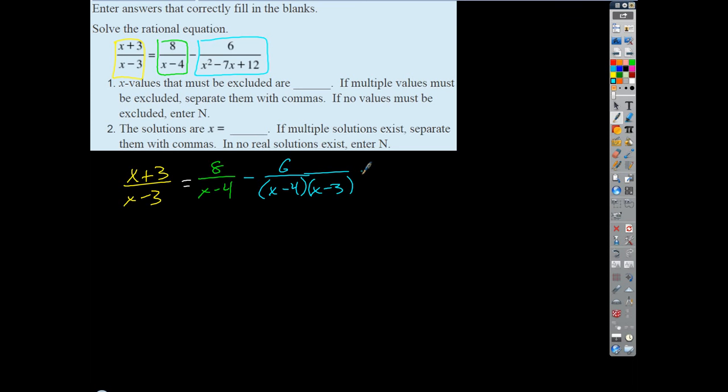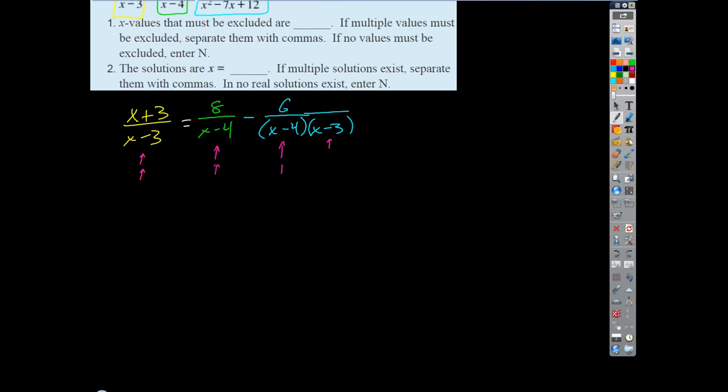And so we see the smallest product of factors that would include the yellow fraction needs it to include the factor x minus 3. The green fraction needs the product to include the factor x minus 4, and the blue fraction needs both. So it would just be x minus 3, which takes care of those two factors, times x minus 4, which accommodates those. All right, so if we multiply both sides through by that, what's going to happen?